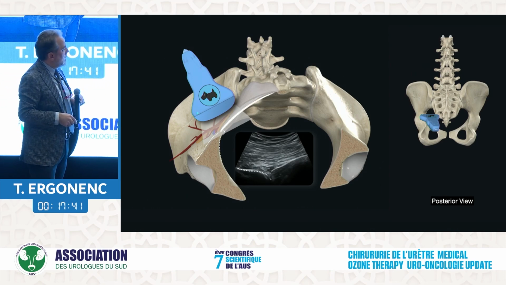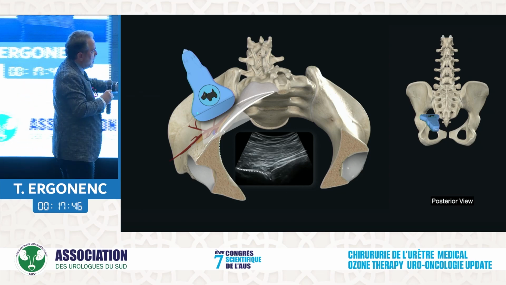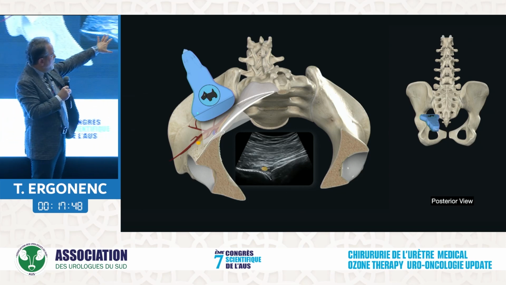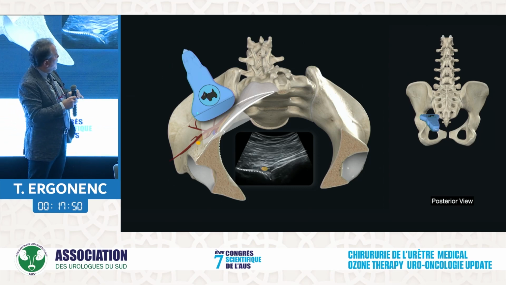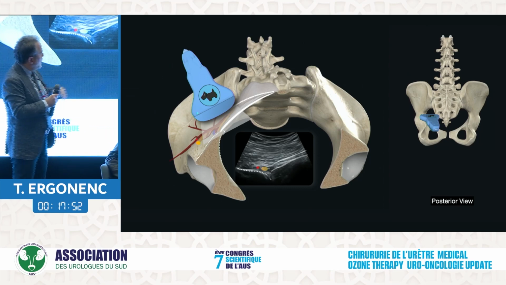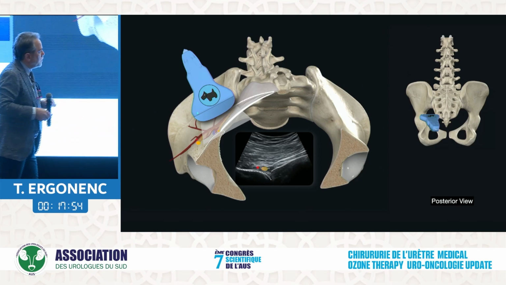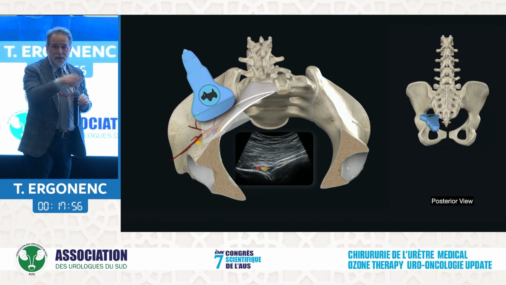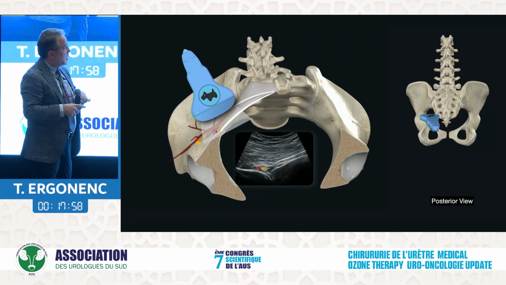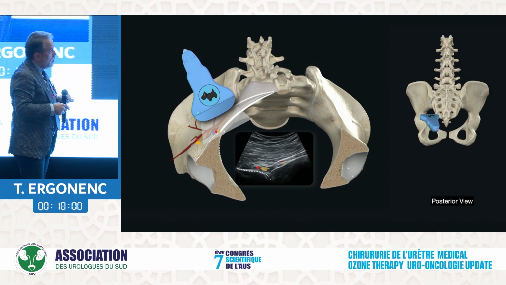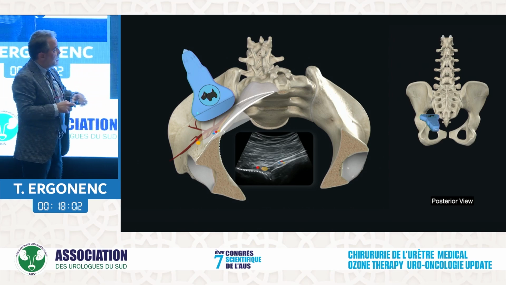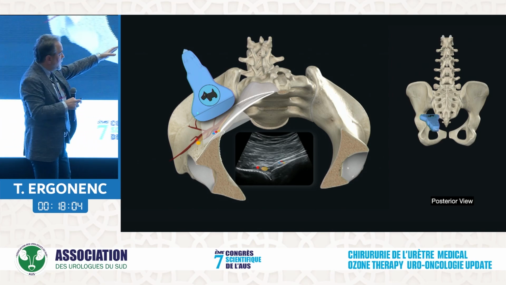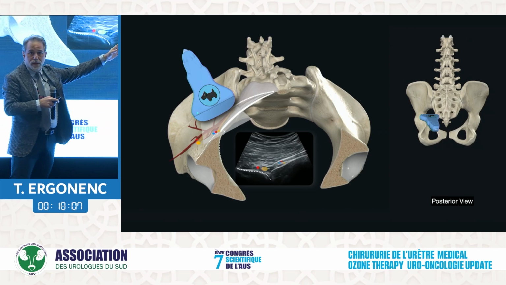This is a ligament, another ligament. You can find here the sciatic nerve and here the pudendal nerve. You can do your procedure at this level, but I don't prefer this level because it is very close to the sciatic nerve and the pudendal nerve.